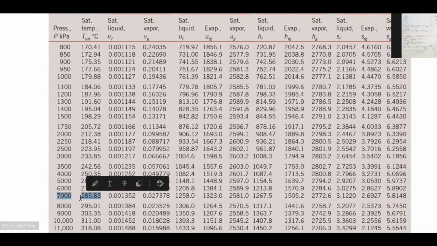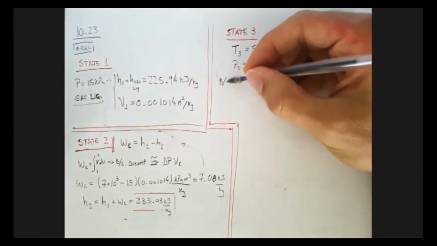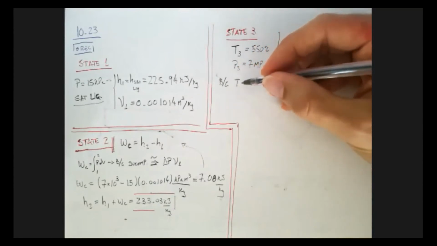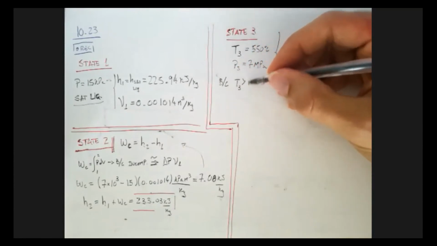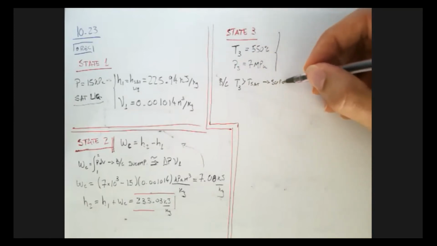The saturated temperature at 7 megapascals is 285. Our temperature is 550, which is above the saturated temperature, which means our state is superheated. Because my T3 is above my T sat, it's superheated.